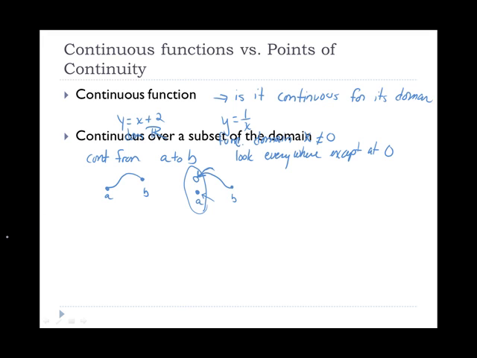Okay. Now, we can also talk about point continuity. And point continuity can either be on the inside or on the endpoint. Whichever the case, if it's on the inside, so if it's between A and B somewhere, then you have to look at the limit from the left equals the limit from the right equals the function value. If you're only looking at an endpoint, like the pictures I drew here, you only have to look at it as it comes from the appropriate direction.